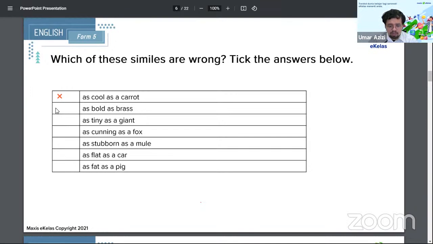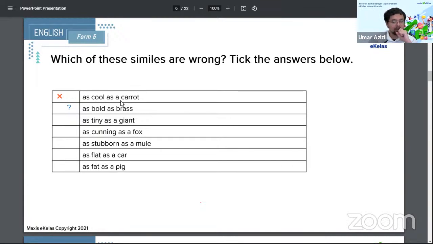Hello, Nurul Farahin. All right, so we've got answers from Danish and Nurul Farahin. Wrong. Okay. What about as bold as brass? Danish Ayman says it's wrong. Loma says, yep, it's right. So I'm going to leave that for a while. I'll put a stamped question mark here. Now, what about the next one? As tiny as a giant. Is that right or wrong?